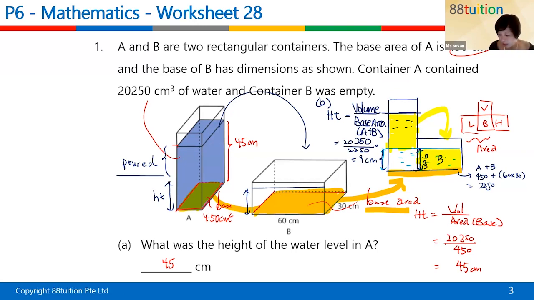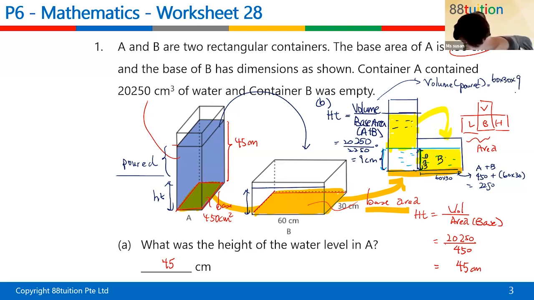Since this is 9 cm and my base area is 60 by 30, I can find this volume already. So the volume being poured will be 60 multiplied by 30 multiplied by 9, and that gives you 16,200 cm cubed.